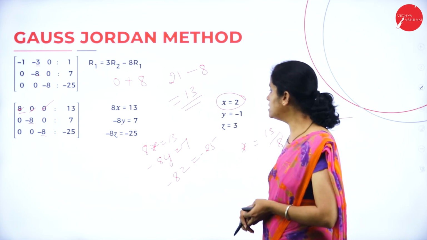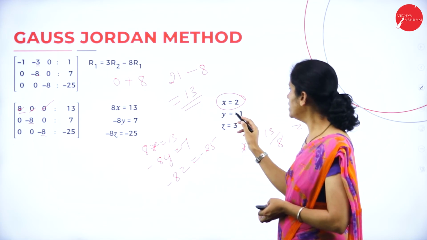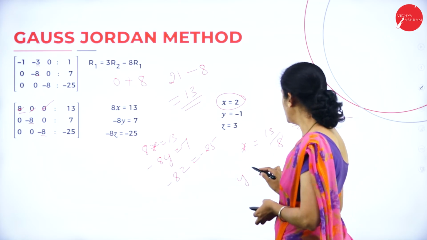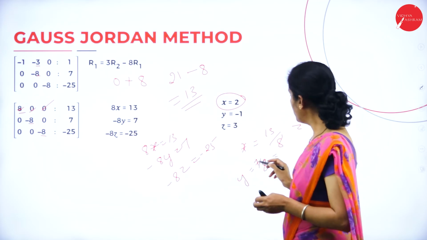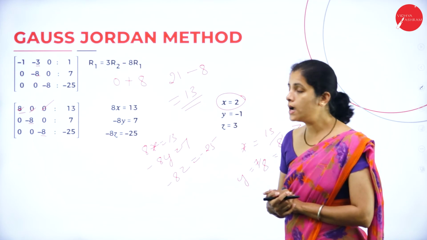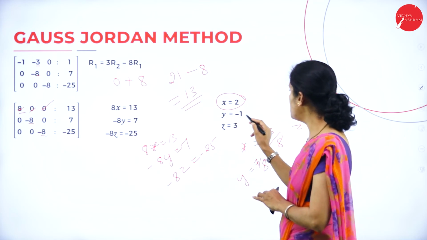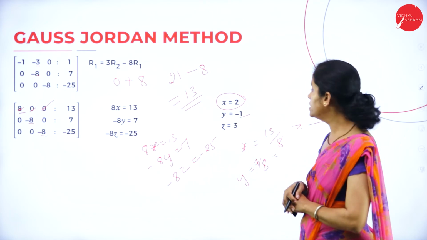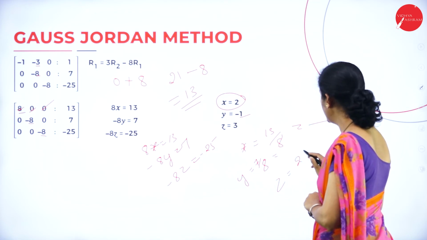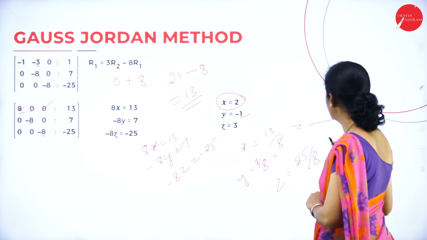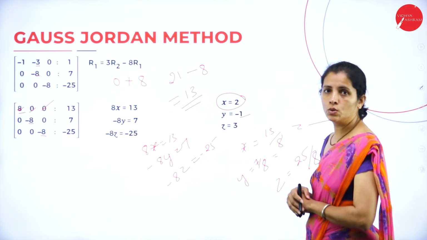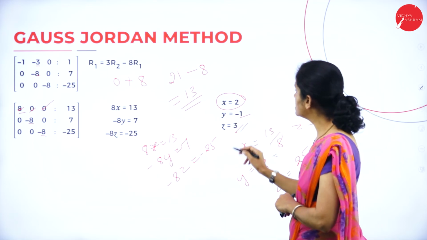And y equals 7 by 8. When I divide, I'll get some fractional value which is nearer to 1. So I will get the answer minus 1. Now, dear student, if I consider z equal to 25 divided by 8, I'll get some fractional value which is nearer to 3. So I'm going to consider 3.